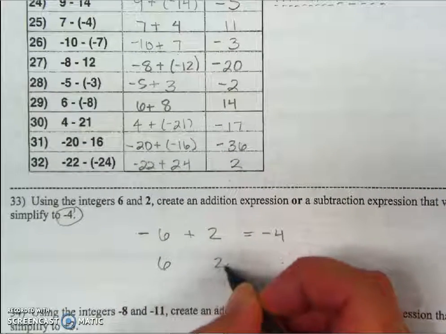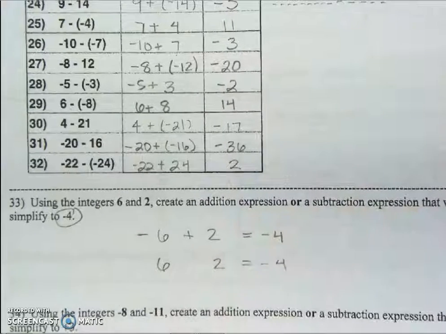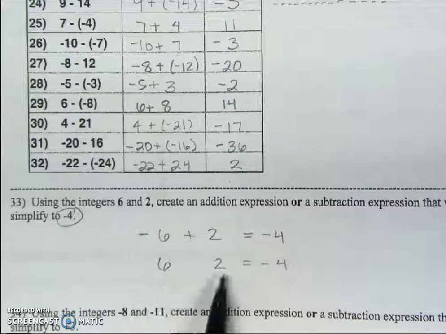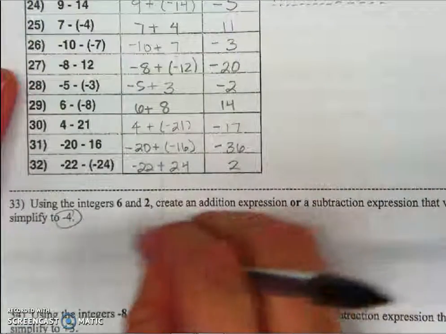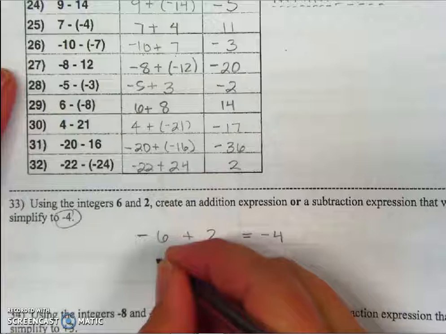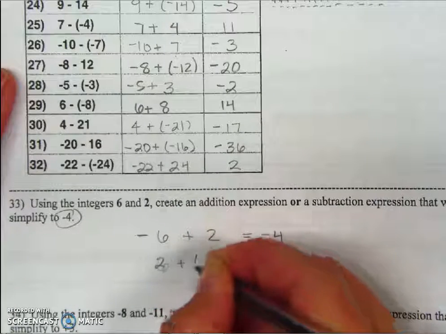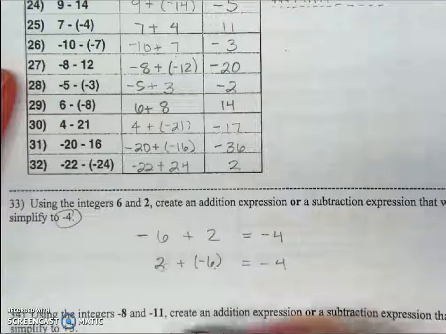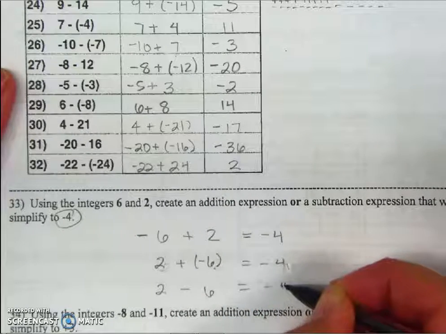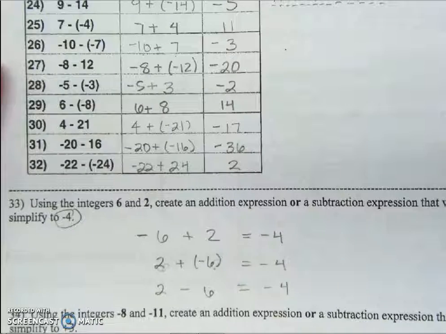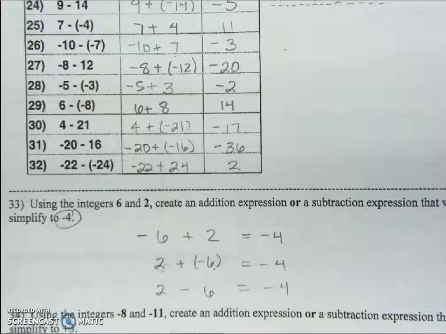If I wanted to use 6 and 2 again to get -4, let's see, not a whole lot else the way that it looks here, aside from rewriting it the other way. But otherwise, we could say maybe 2 plus -6 that way, or we could say 2 minus 6 would equal -4. So there's a few different ways that we could use 2 and 6 to get to negative 4.